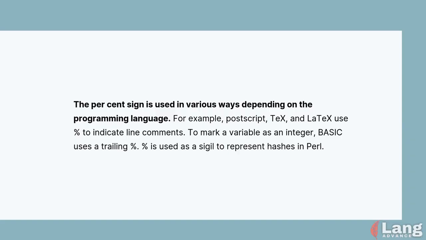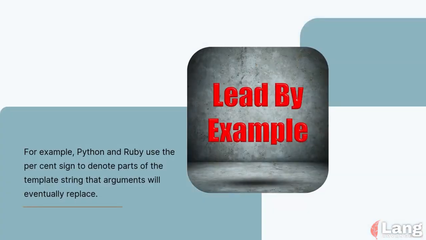To mark a variable as an integer, BASIC uses a trailing percent. Percent is used as a sigil to represent hashes in Perl. For example, Python and Ruby use the percent sign to denote parts of the template string that arguments will eventually replace.